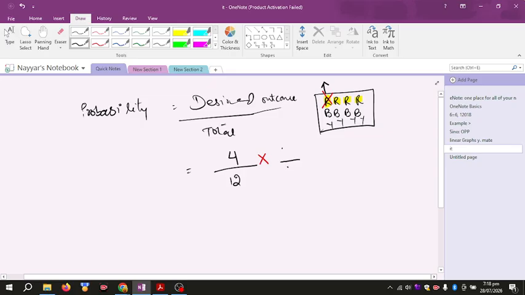In the whole box, how many are total? In the denominator, you write down the total outcomes. It includes all the colors. 11, very good. So in the second draw, now 11 are left. So what will be the probability of red? 3 by 11, na?